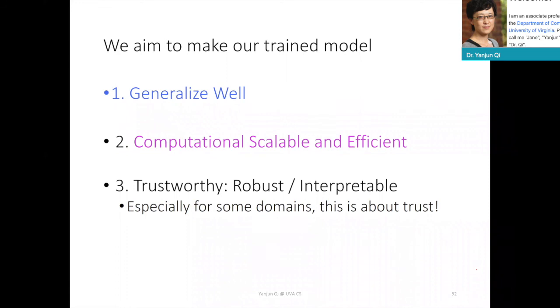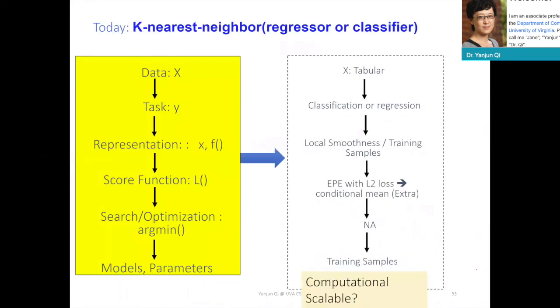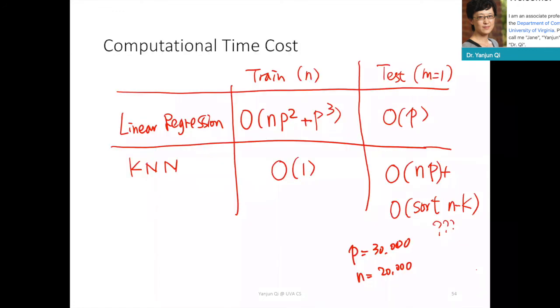As I try to emphasize, there's an issue with this kind of k-nearest neighbor instance-based method: is it computationally scalable? I will make it really quick. I will not derive this, but I have a detailed derivation in the extra slides. Feel free to check those out.